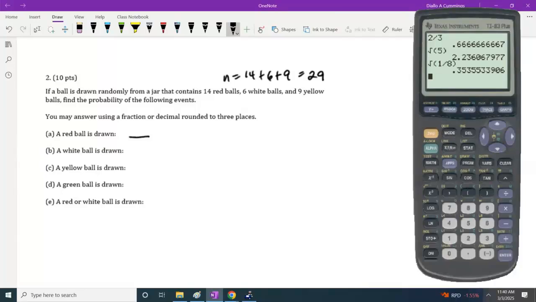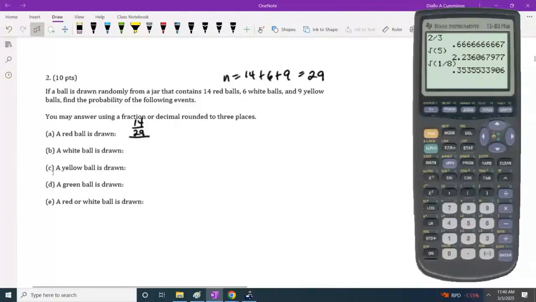In the classical probability formula, I take the total, which is 29, and that goes in the denominator. In the numerator, how many red balls are there to choose from? 14. So the probability is 14 out of 29. Now I'm just going to leave these as fractions because of the time constraint, but you can always decimalize these if you wanted to.